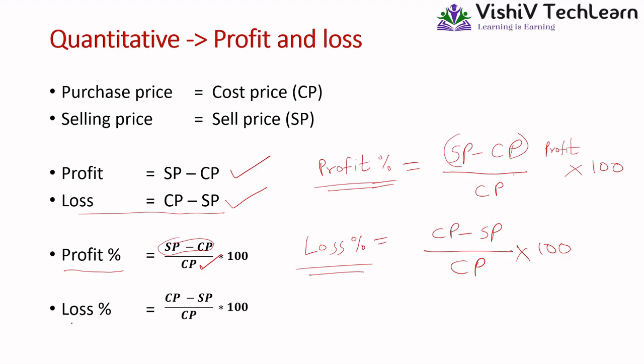Overall, we have understood what is cost price, sale price, profit and loss, which is SP minus CP or CP minus SP, and profit percent and loss percent, which is profit compared with CP into 100, and loss compared with CP again into 100.